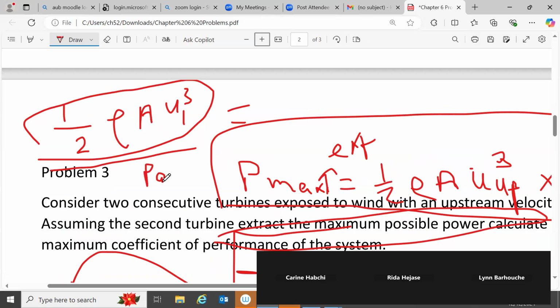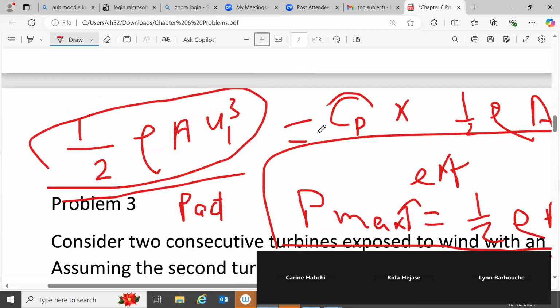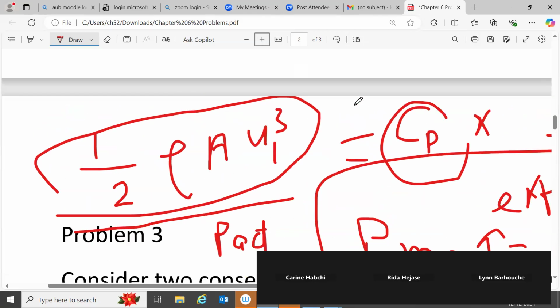What is P actual by definition? P actual by definition equals CP times half rho times area times U upstream cube. Okay? If you want to maximize the extracted power, the actual power, CP should be maximum. Exactly. So what is P maximum extracted?